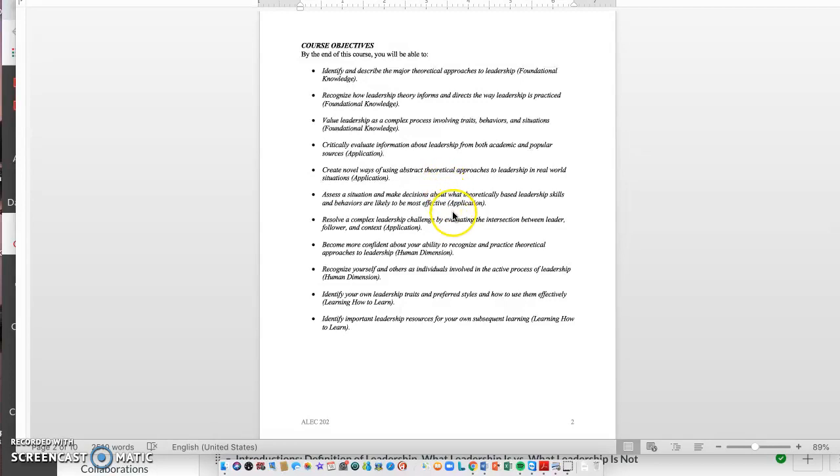And in particular, we will evaluate human organizations and some of the leadership challenges. By human organizations, we mean families or places you work or places you volunteer. And we will evaluate the process of leadership and its strengths and weaknesses based upon the theories, behaviors, and skills that we learn.